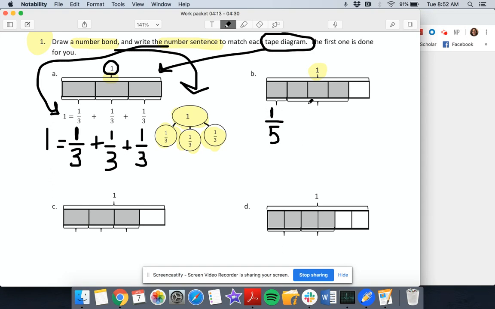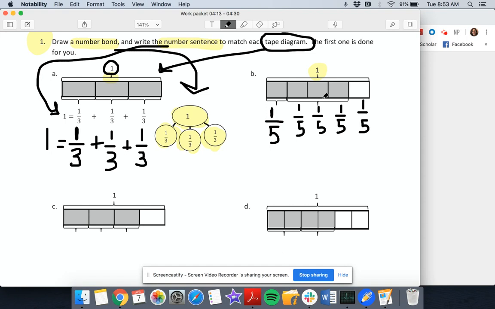And then each of these blocks represents just one part of that whole. So we have 1 over 5, 1 over 5, or 1/5, 1 over 5, or 1/5, 1 over 5, and 1 over 5. Okay. But this problem is different from our last problem. Why? Because not all of the blocks are shaded.